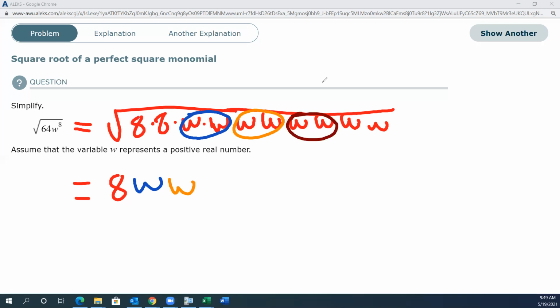Here's another pair of w's, and here is another pair of w's. So that my answer is 8w to the 4th. And that's how it goes. So with square root, you're looking for pairs of things that are the same, that multiply together, and then every pair can come out.